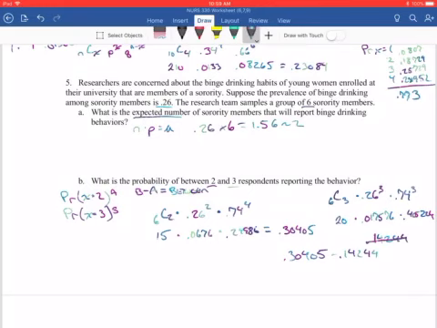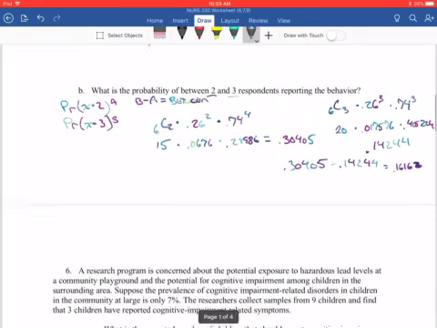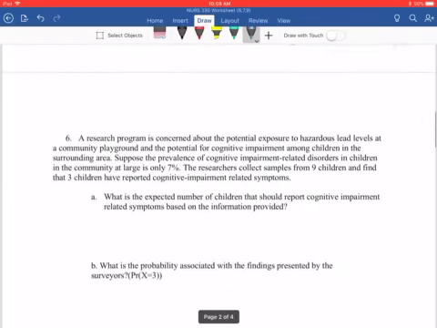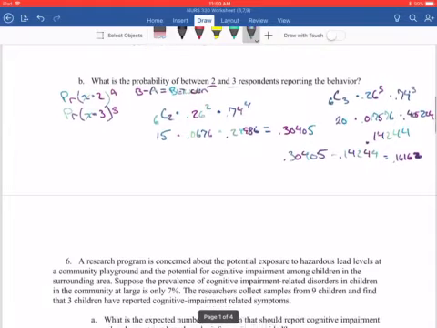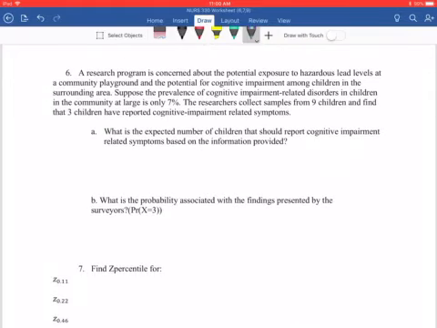Your answer is 0.16162. This is correct. I'll probably delete the whole thing. When you multiply that out, you get 0.14244. Sorry about that. And that is the probability between 2 and 3 respondents.